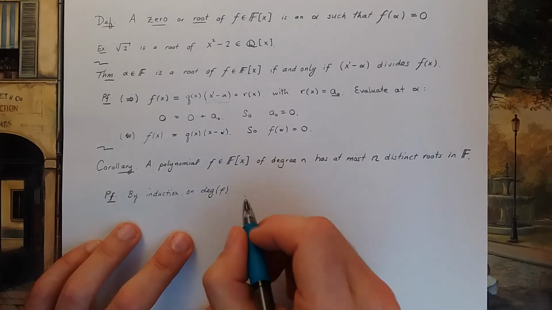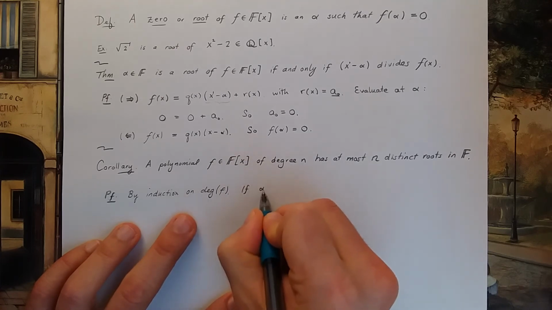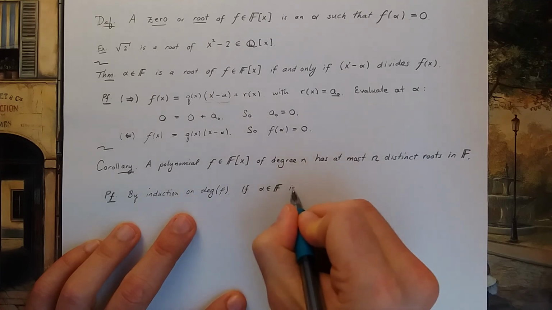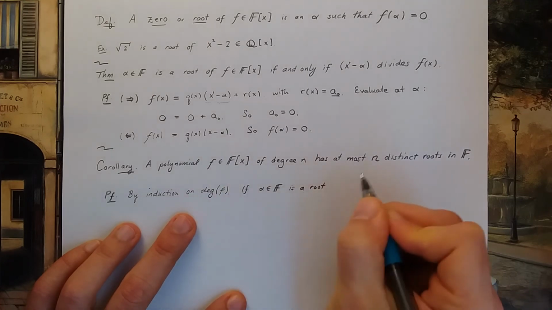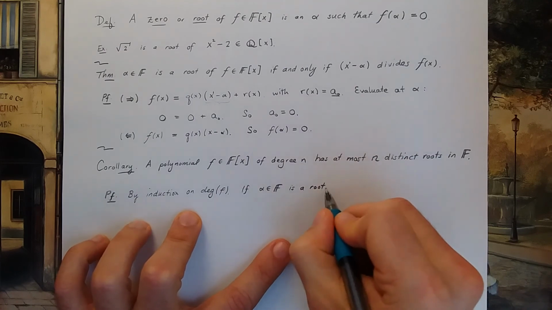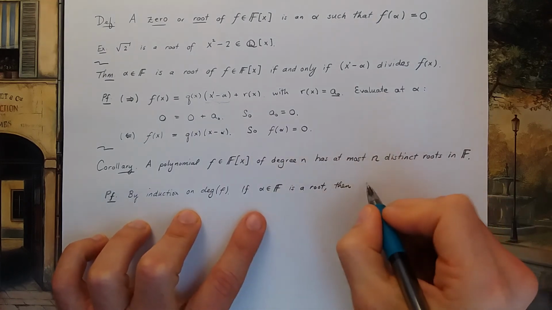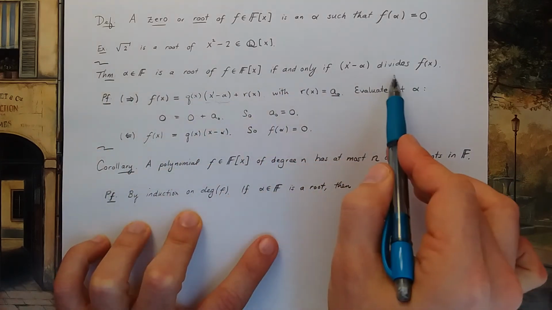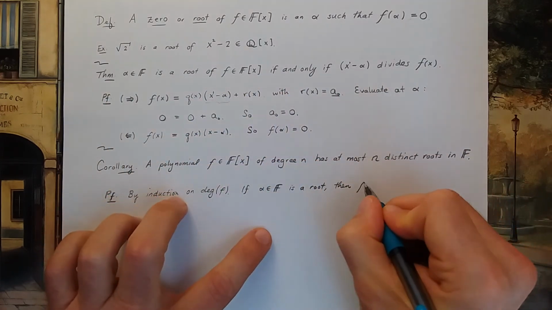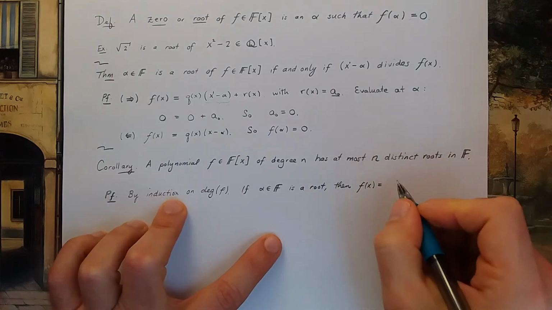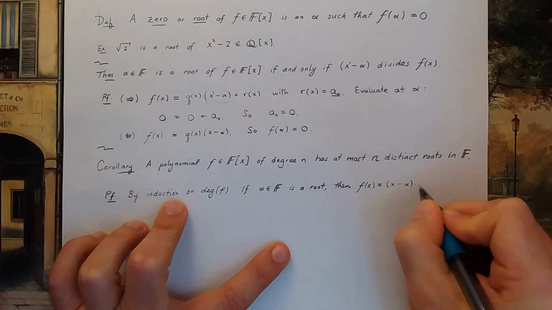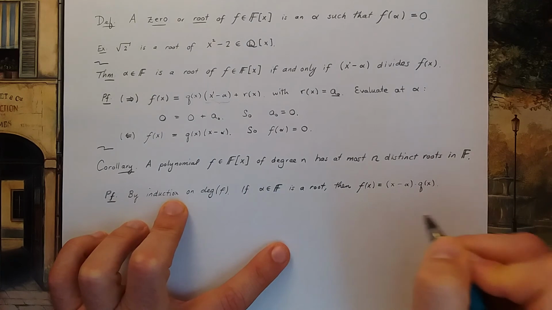So let's suppose alpha in my field is a root. If that's the case, then I can use the previous theorem and write my function f as x minus alpha times some other q of x.